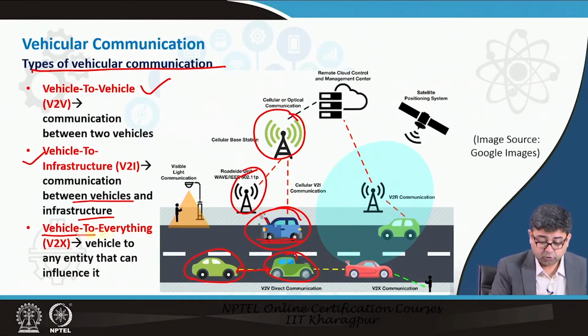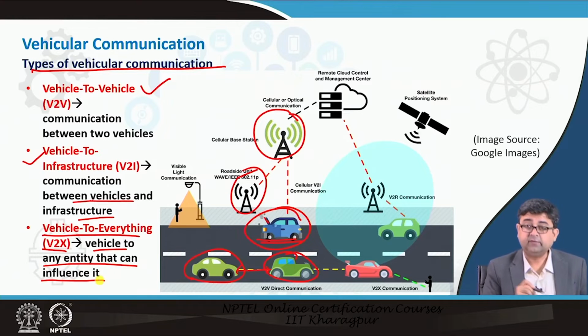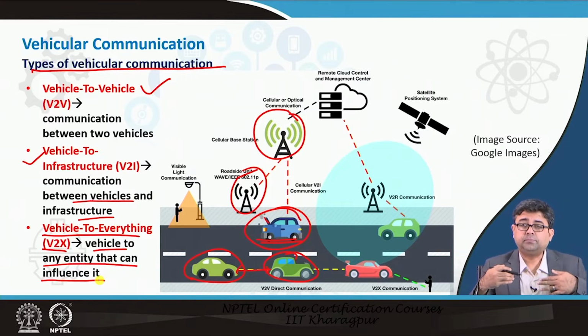And then vehicle to everything, that means vehicle to any entity that can influence it. So, it can send vehicle to vehicle, vehicle to infrastructure, vehicle to a pedestrian who is walking next to the vehicle, or to anybody who can influence the vehicle, right.